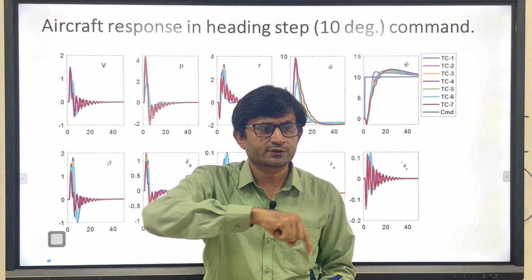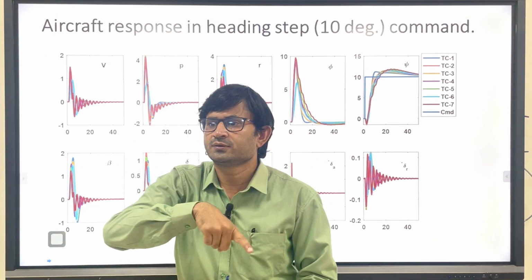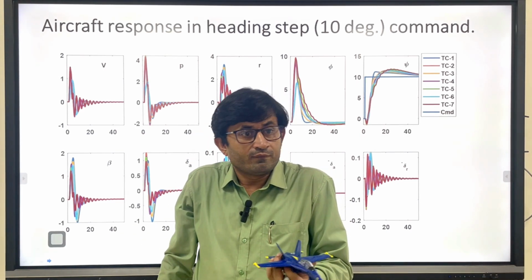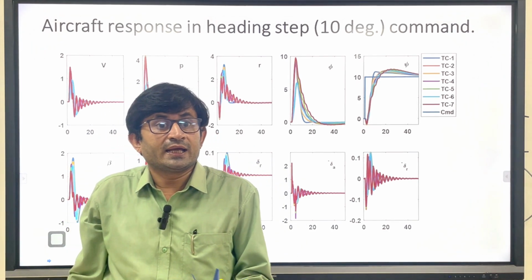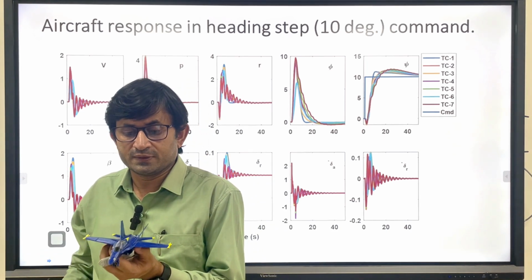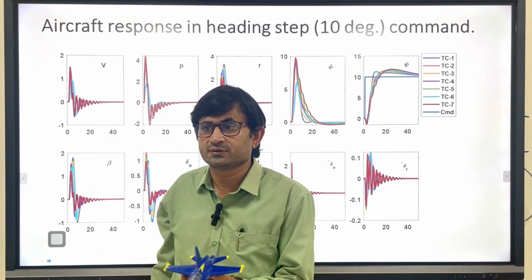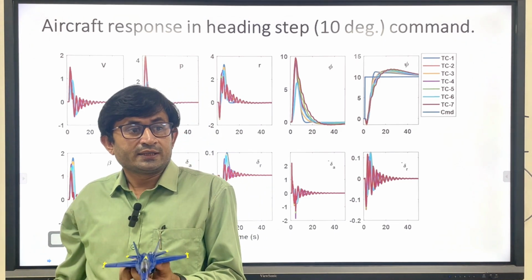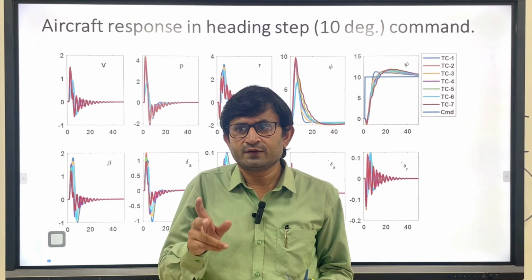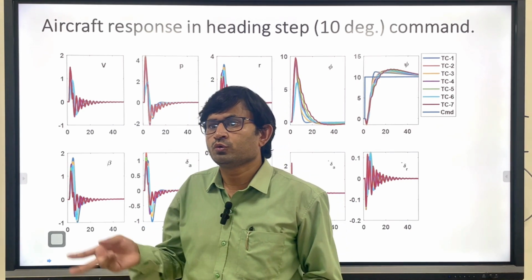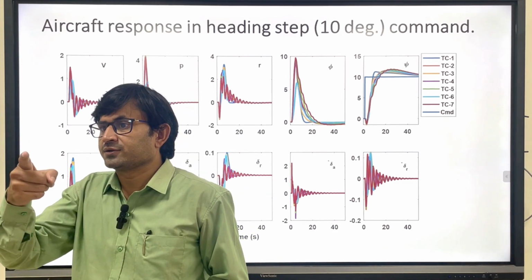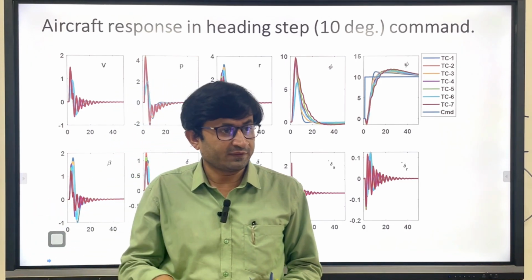L sin phi is responsible for making the turn, physics-wise, and L cos phi is to balance the weight, and L cos phi is less than W. That means if you are flying at steady state level flight, the lift is L dash, so L cos phi will be less than L dash, right? So in order to make it the same, what will we do? You will try to increase the L so that L cos phi is balanced by the weight.